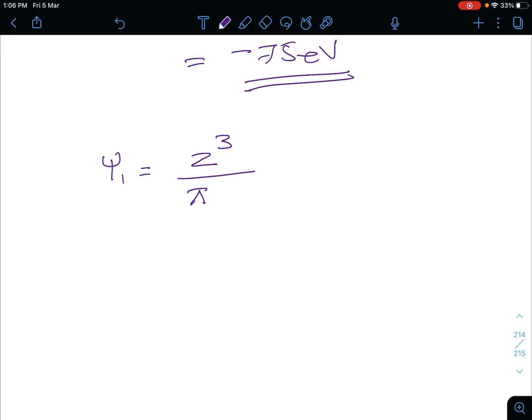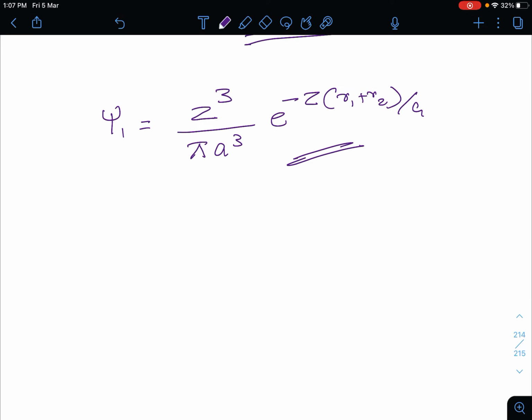One electron's cloud will screen the attraction of the other electron, and vice versa, so there will be some cloud effect. We have taken Z as 2 now, but 2 may not be the correct answer. So we introduce the variable effective nuclear charge, let us say z, and take the arbitrary wave function as z a cube e raised to minus z r1 plus r2 by a.